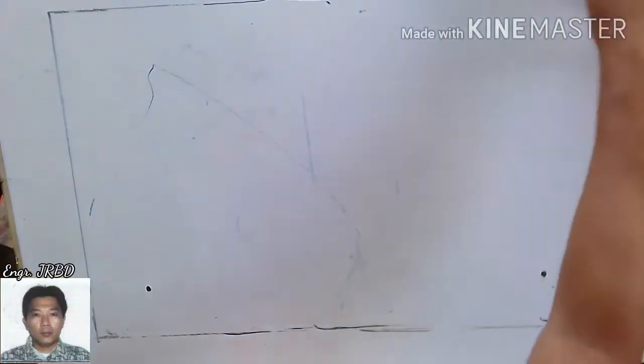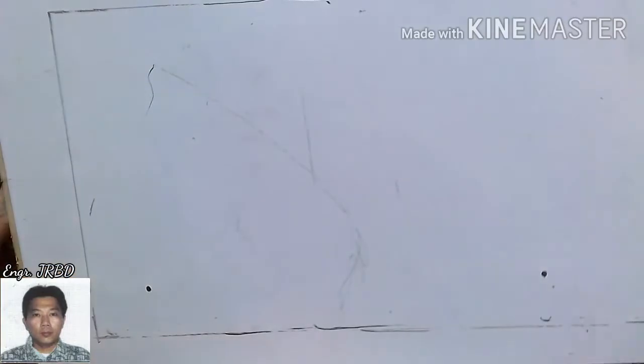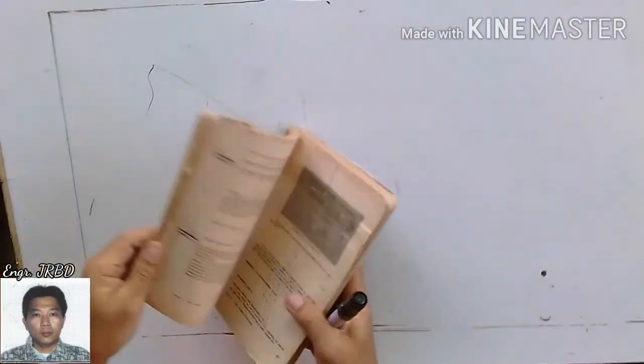Series parallel series combination of resistances. Tumingin na tayo rito sa libro.